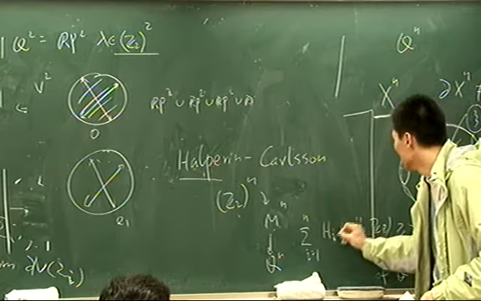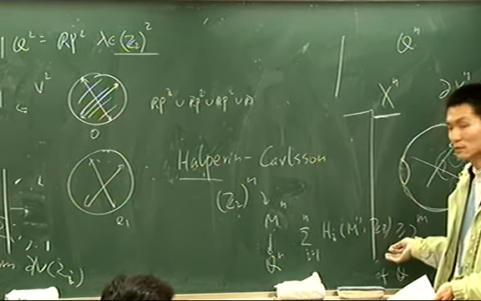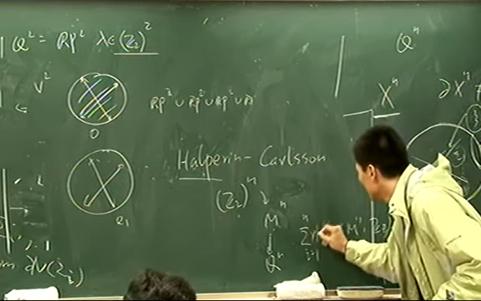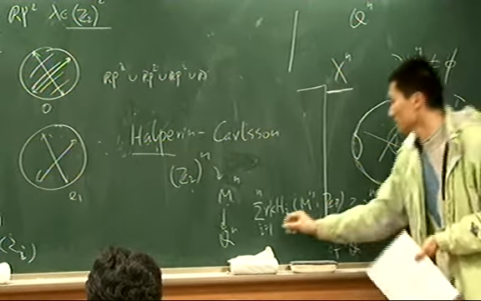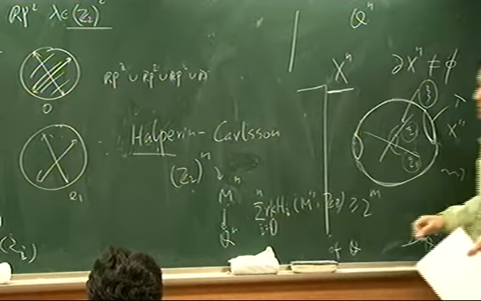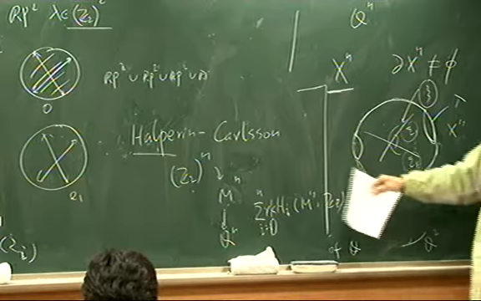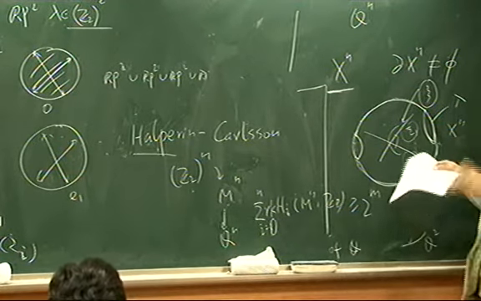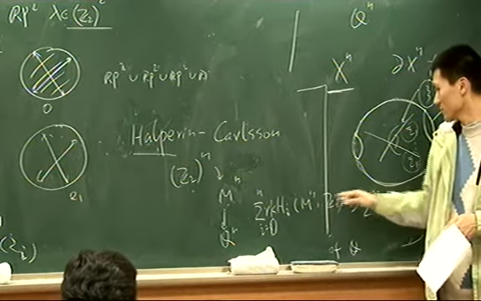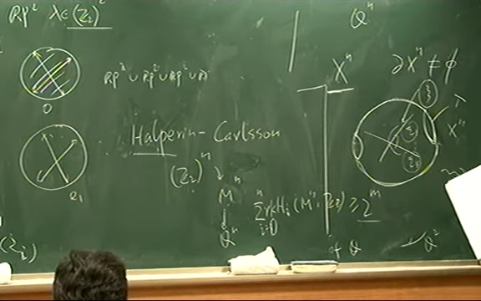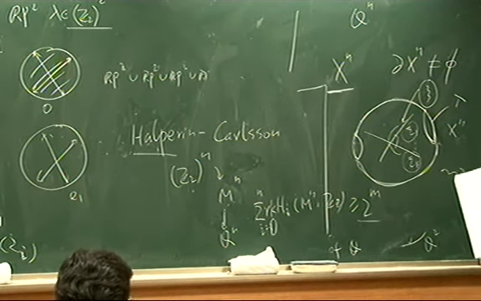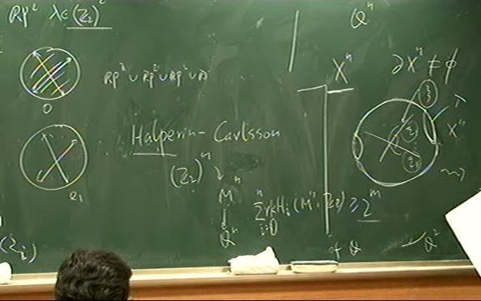It means the sum of the Z2-Betti numbers of Mn would be at least 2^m. So the 0-dimension, 1-dimension and 2-dimension cases are all very easy to verify. But the 3-dimensional case, I think, is still open.